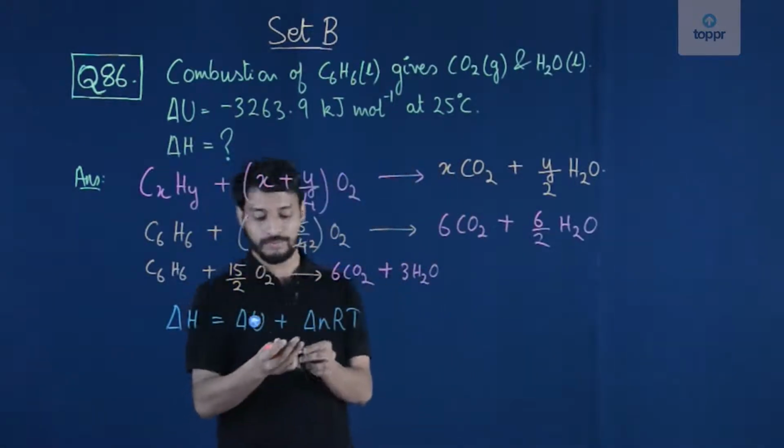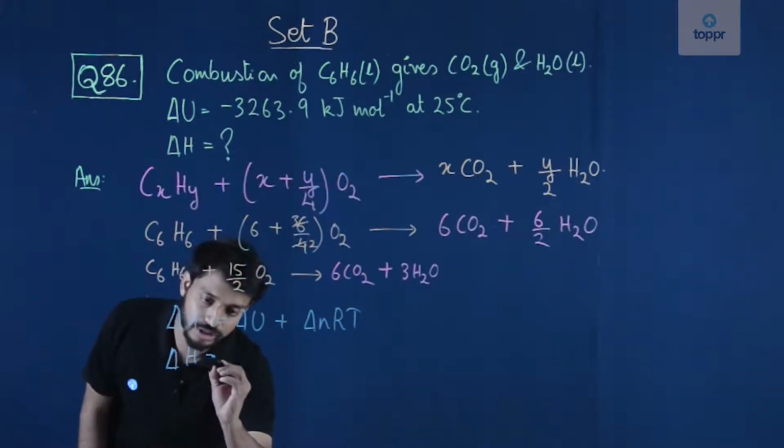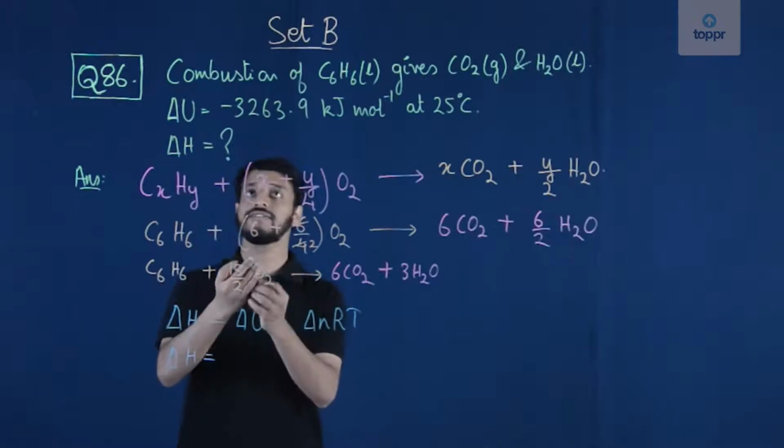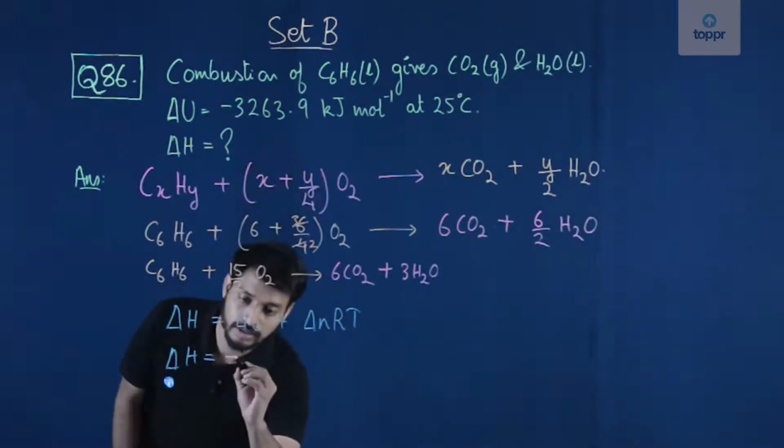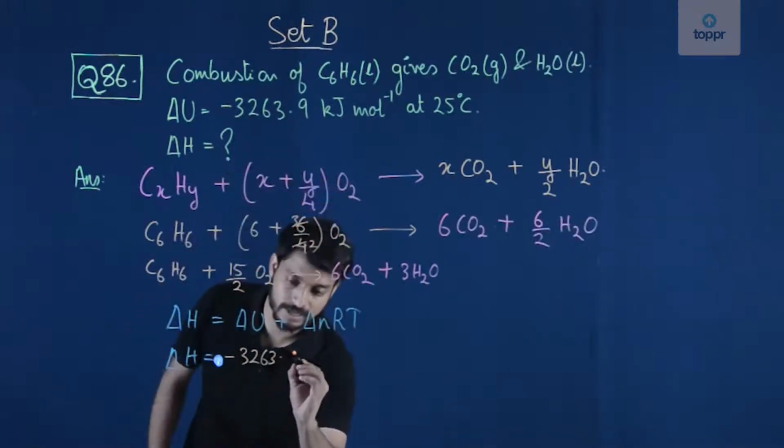Now if we replace the numbers, delta H is equal to delta U, which is given as minus 3263.9.